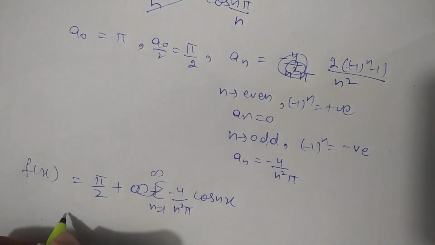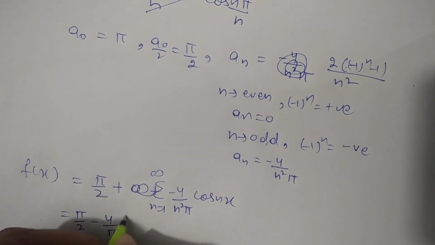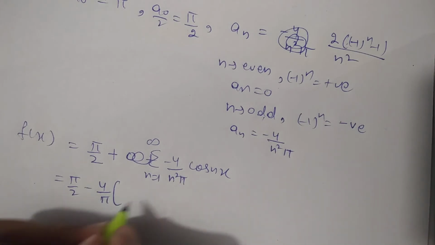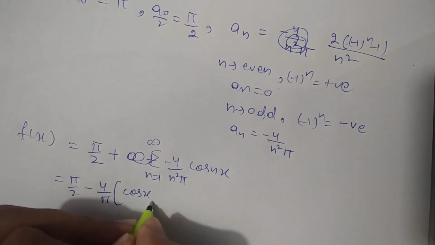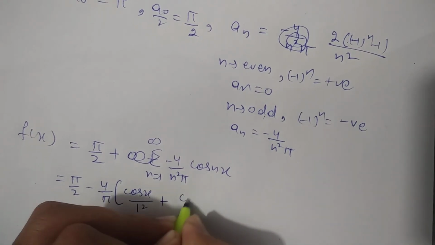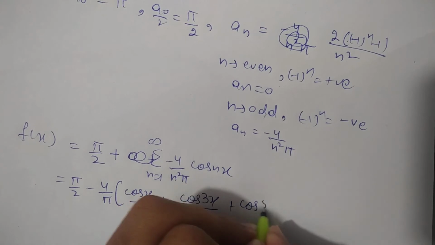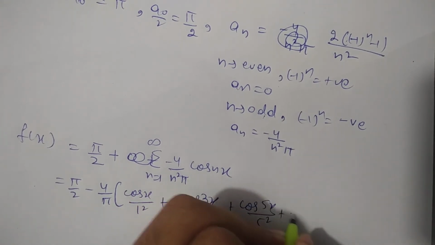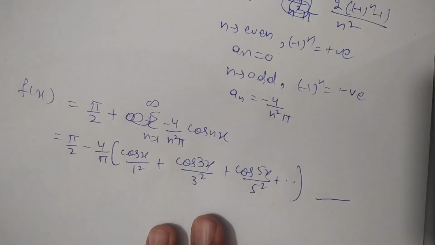So this value will turn into pi by 2 minus 4 by pi, I will take common outside, and inside my cos nx by n square. So this value will be cos x by 1 square plus cos 3x by 3 square plus cos 5x by 5 square up to infinity. Okay, and for even terms that is 0, so this is our required answer.